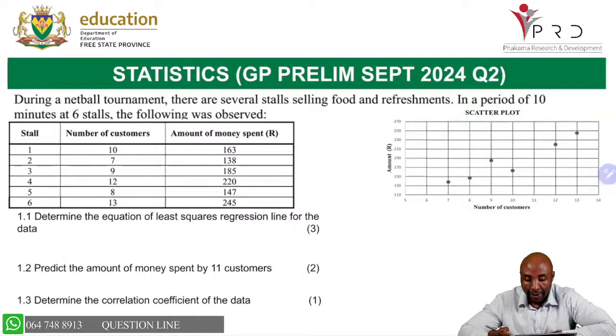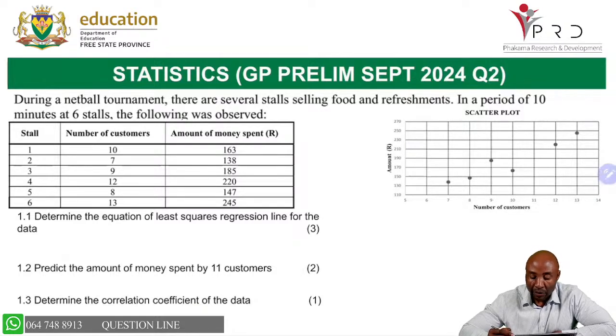Welcome back. Now, this one will require us to work with our calculators. To calculate the least squares regression line equation, remember we use our two variable statistics mode. We enter our data items.